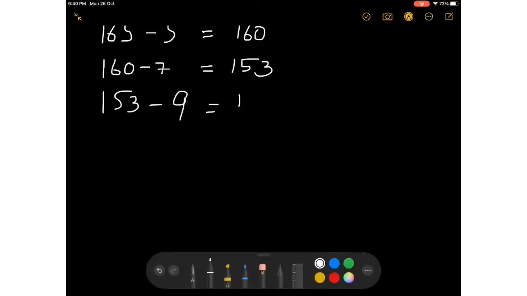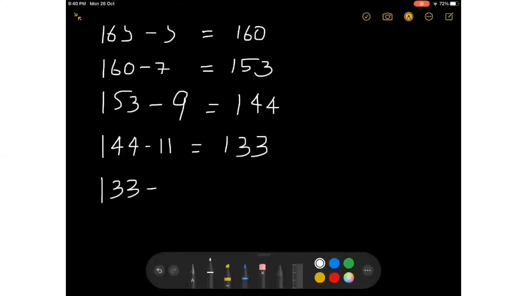144 minus the sixth odd number, 11, is equal to 133. And 133 minus the seventh odd number, which is 13, is equal to 120. And 120 minus the eighth odd number, 15, is equal to 105.